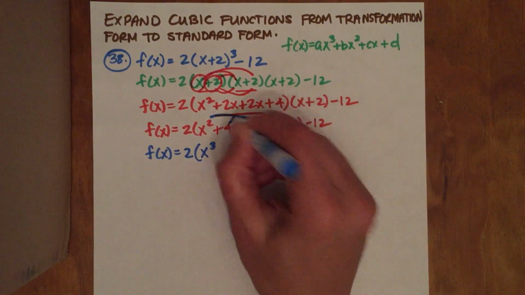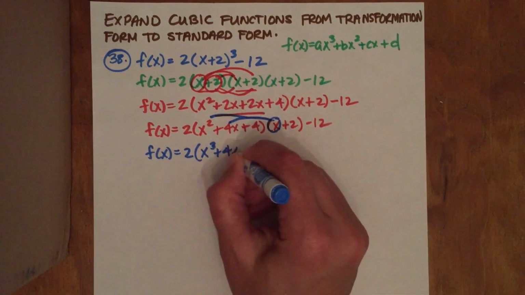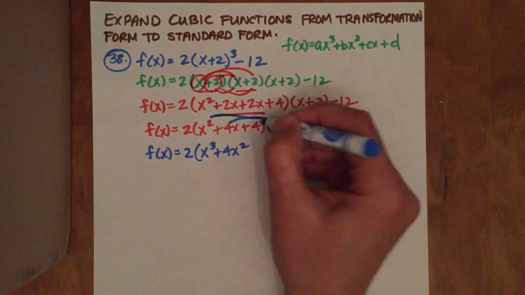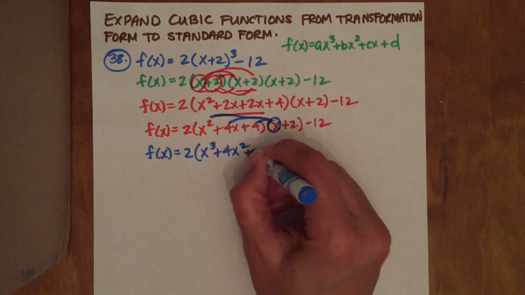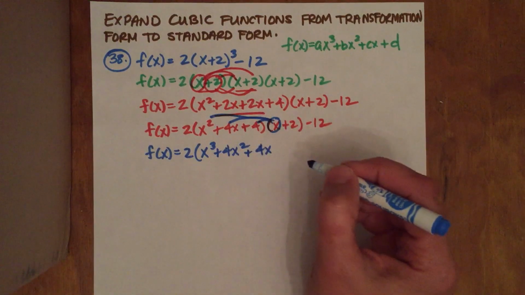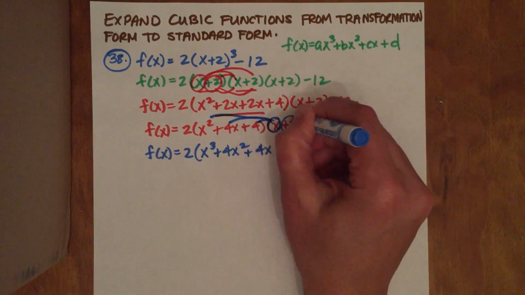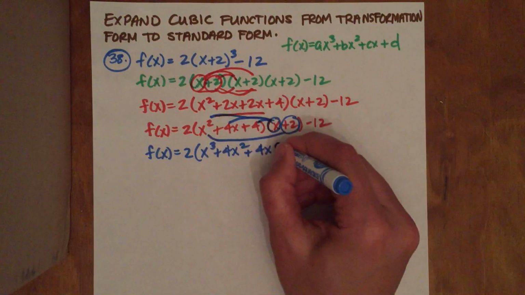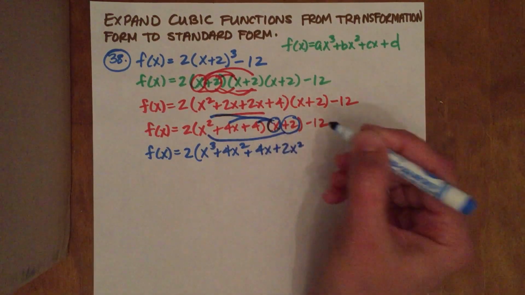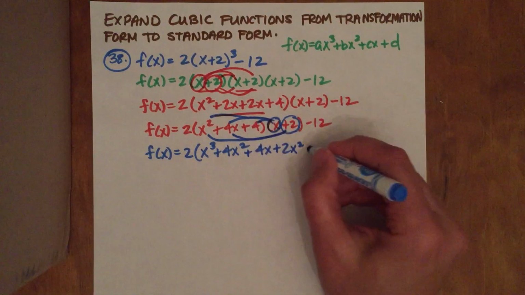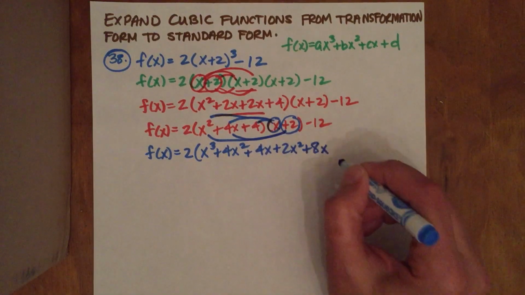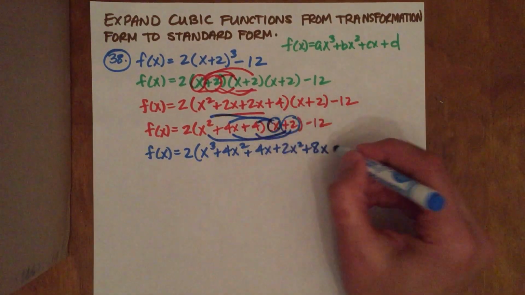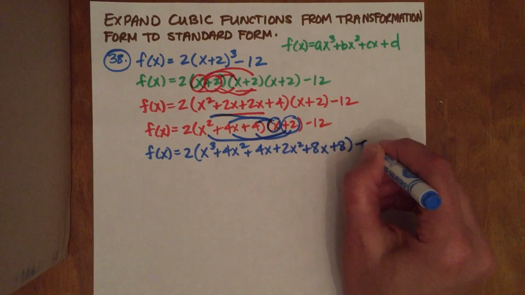Then I have x times 4x, which is 4x squared. Then I have x times 4, which is 4x. Now let's do the second term of this factor. 2 times x squared is 2x squared. 2 times 4x is 8x. And 2 times 4 is 8.